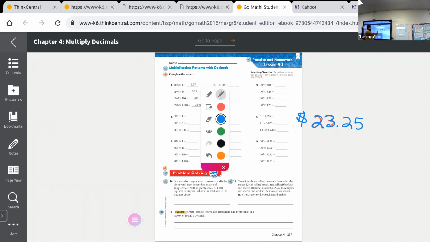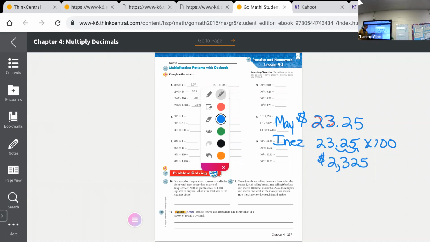Adam? And what does that do to this? How can we easily multiply that by 100? How many places are we going to move the decimal point? Okay. So she makes $2,325.